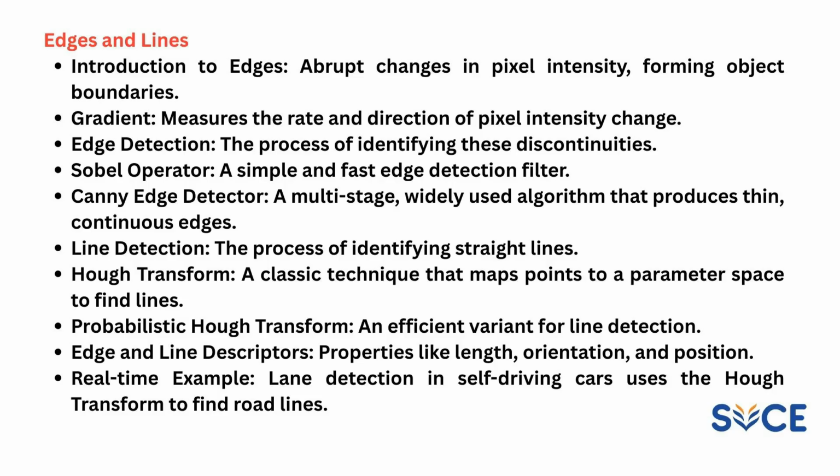So for instance, all the pixels on a single road line would vote for the same line, and it would get a very high score. The probabilistic Hough transform is a faster version of this, which helps with real-time applications by randomly sampling pixels instead of checking every single one.